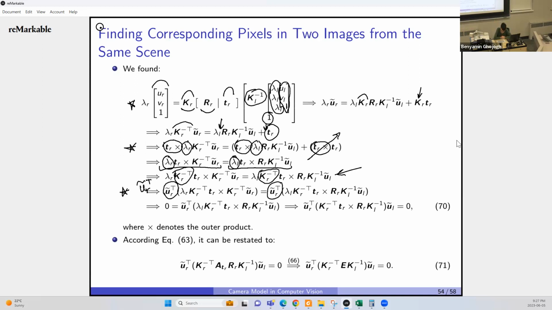Okay, why do I do that? Because I know that this is an outer product containing UR, so it's perpendicular to UR tilde. I want to get rid of that to become 0. Therefore, I'm doing inner product of UR tilde, right? Okay, and the right hand side, I have it as before, as here.